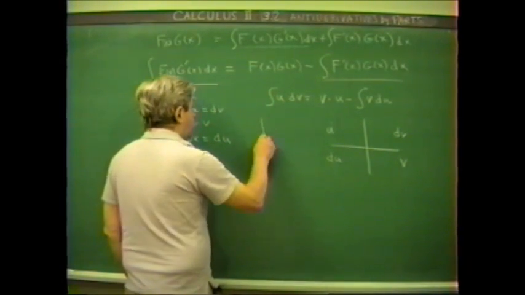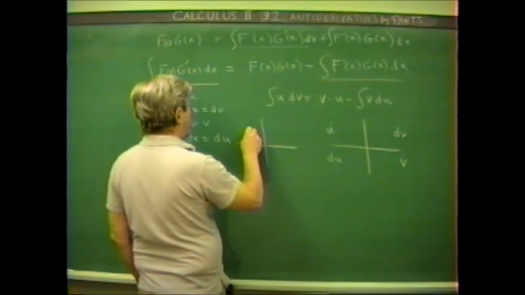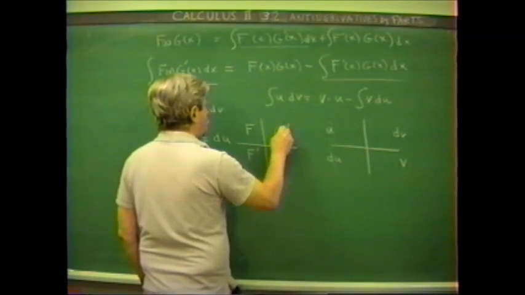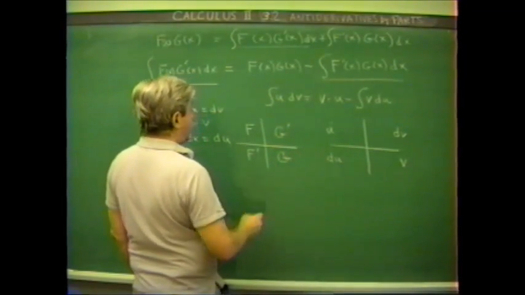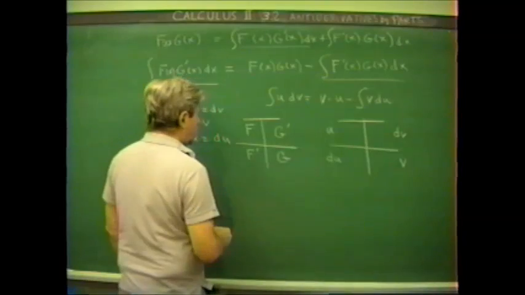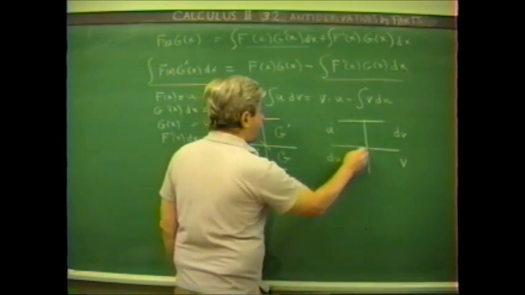That's the same chart with the functions f and g prime; it looks like this. f, g prime, f prime, g. And what you've got is the following. The antiderivative of the top line, that is the diagonal, minus the antiderivative of the bottom line.